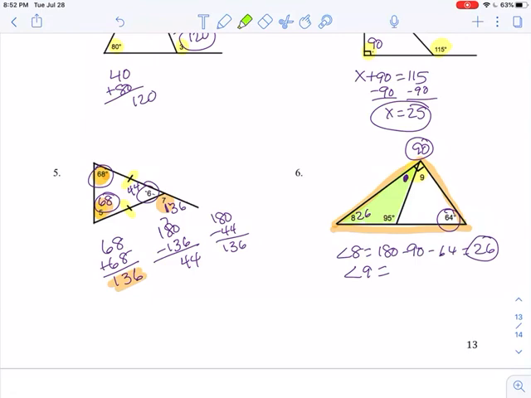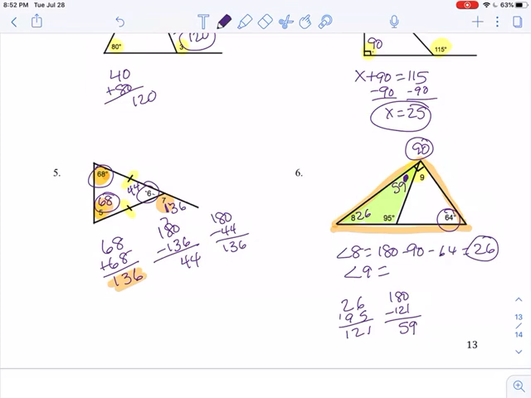This is a triangle on the left. So these three angles have to add up to 180. So if I do 26 plus 95, that's going to be 121, and then subtract that from 180, and you can do this all in a calculator. That's 59. So this angle right here is 59.